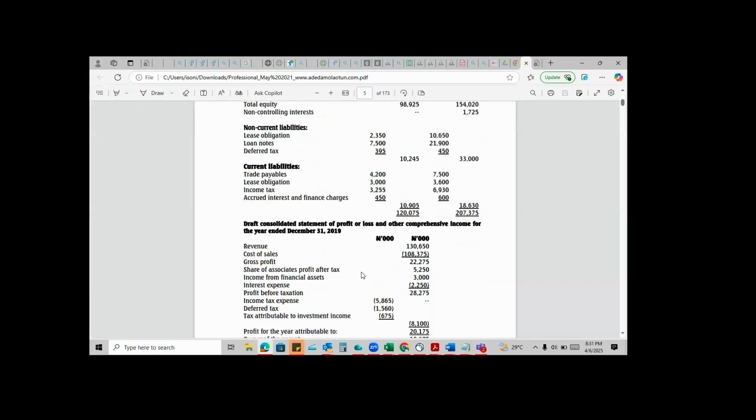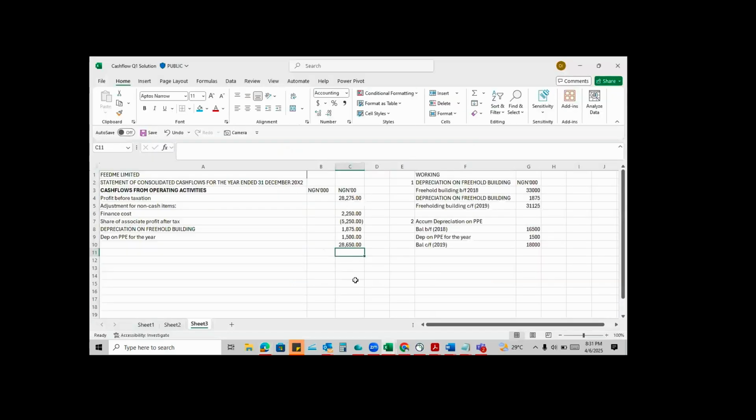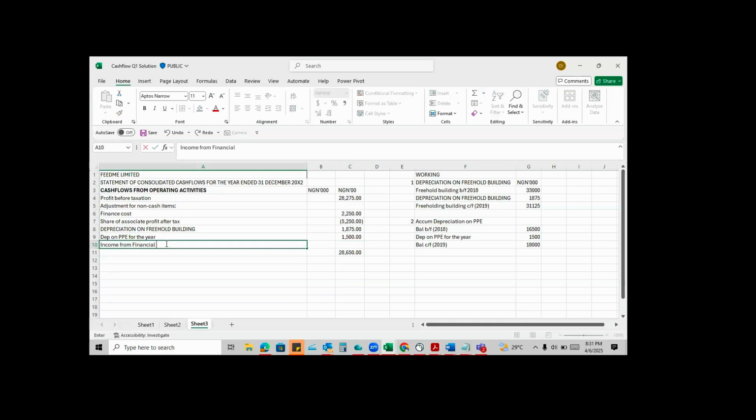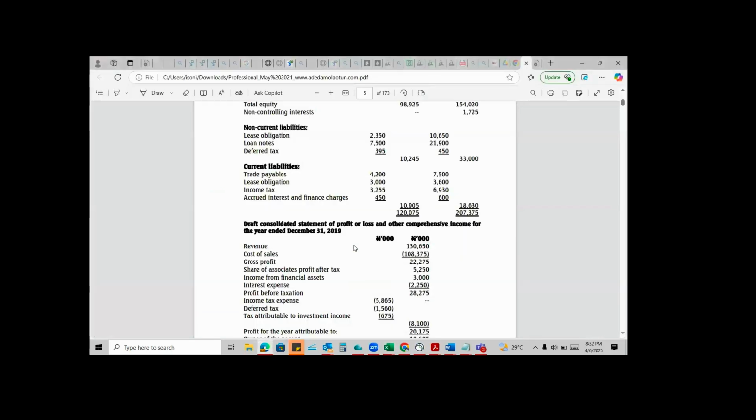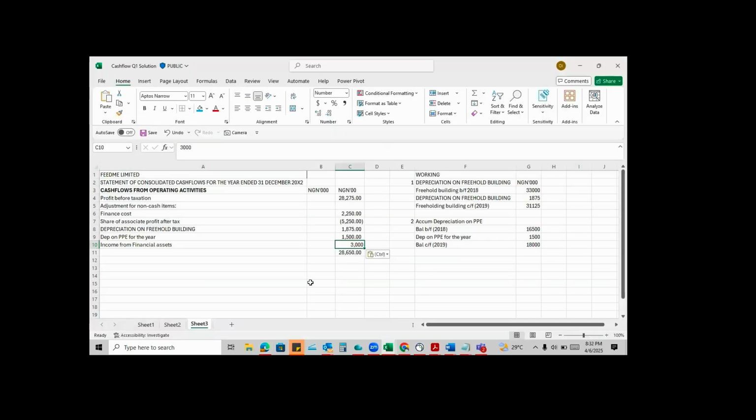I will just reclassify it to investing activity. So I can bring this down. In the scheme of things, it won't have any issue. Income from financial assets is also not coming from their primary activity. So you can come here, 3,000.